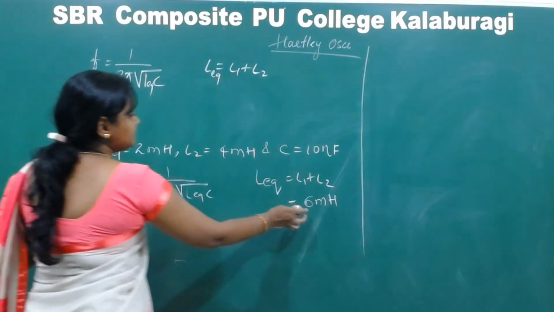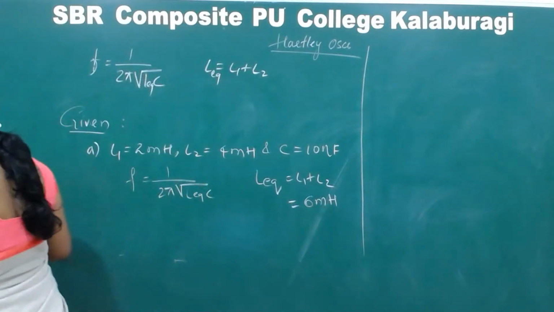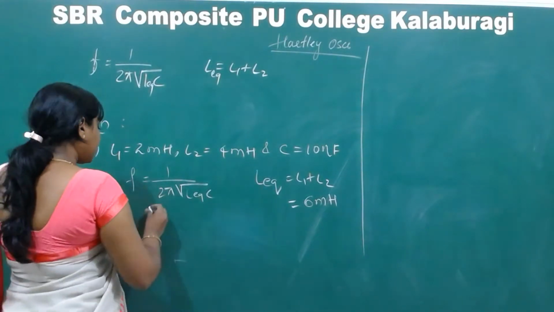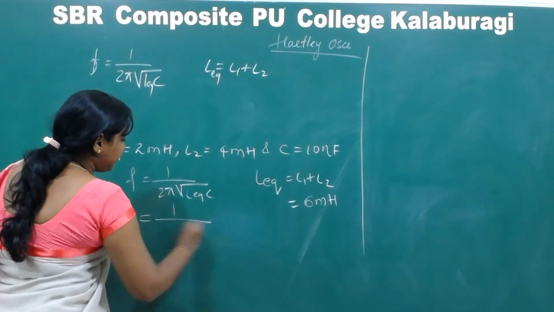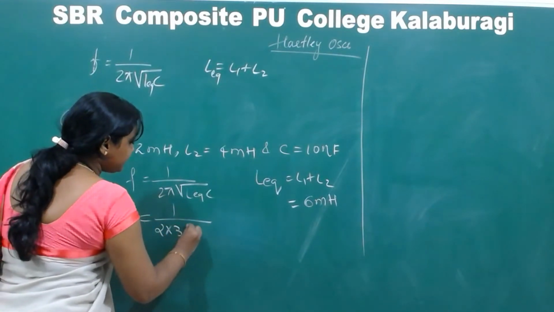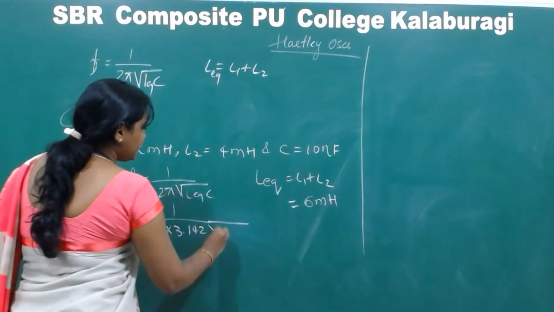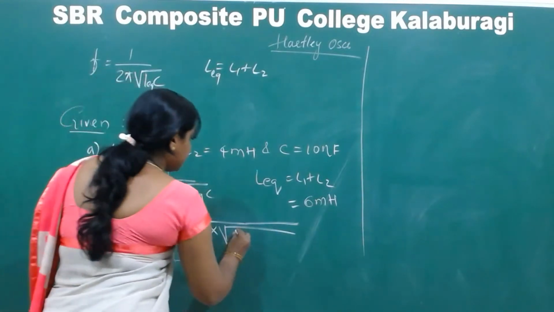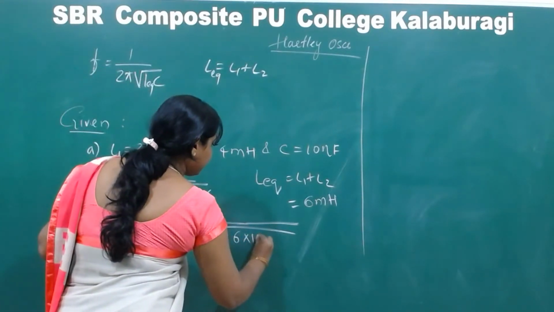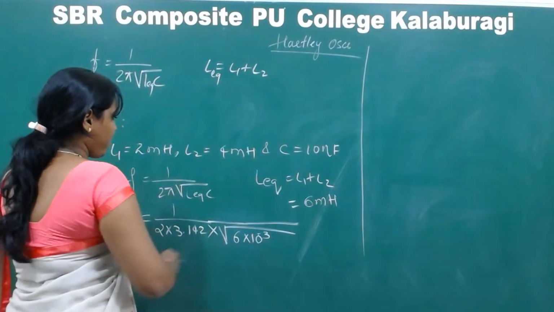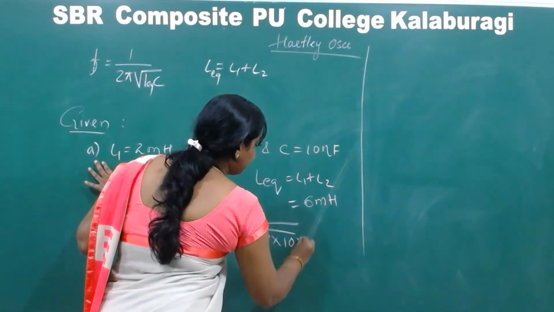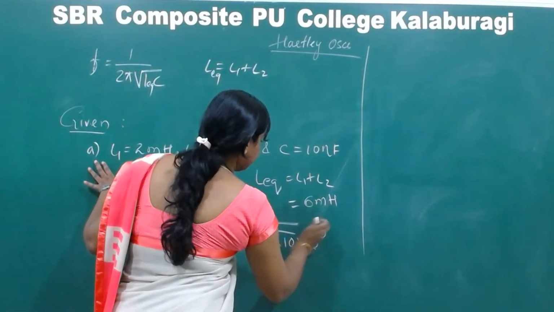L equivalent is 6 millihenry, the given values. 1 divided by 2 into 3.142 into root of 6 into 10 to the power of minus 3 as L equivalent into 10 to the power of minus 9.